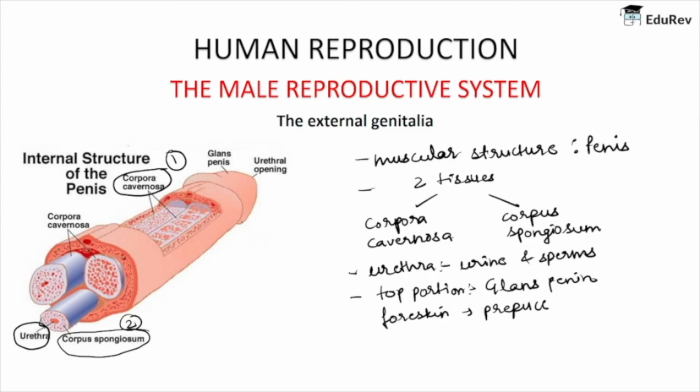Now this glans penis extends into the further opening, which is called the urethral opening or urethral meatus. From here, the sperms are finally ejaculated inside the opening of the female reproductive system, the vagina, for the further reproduction process.